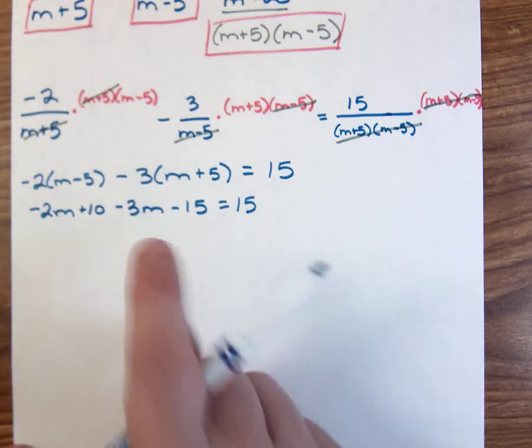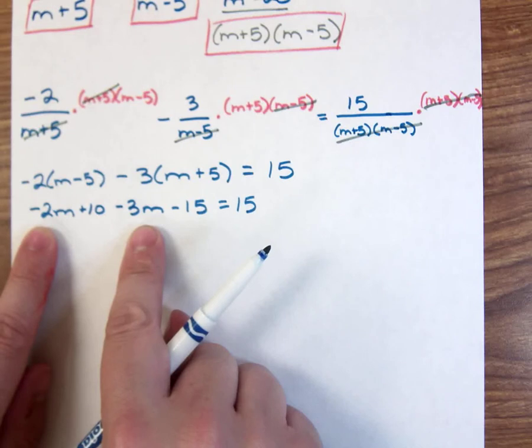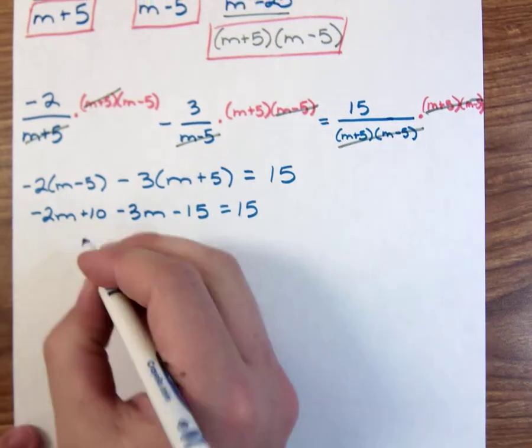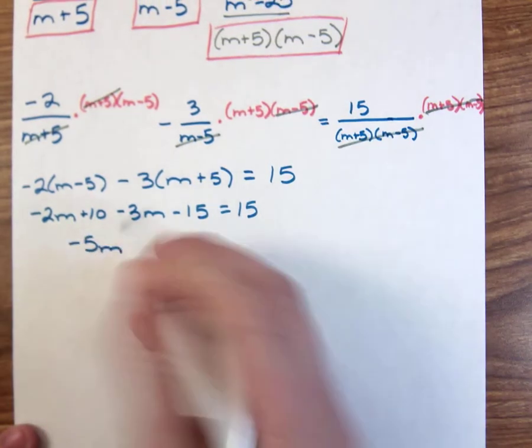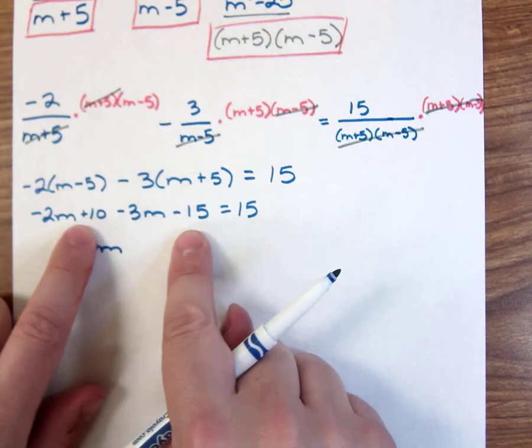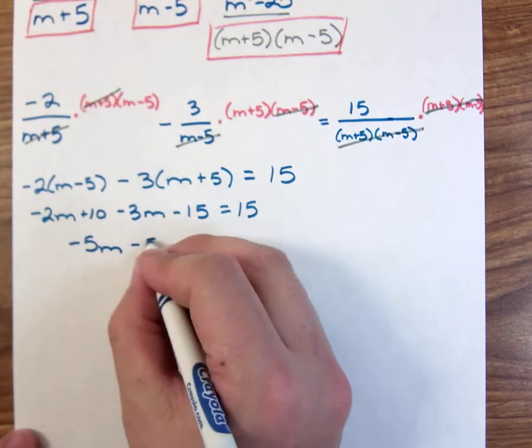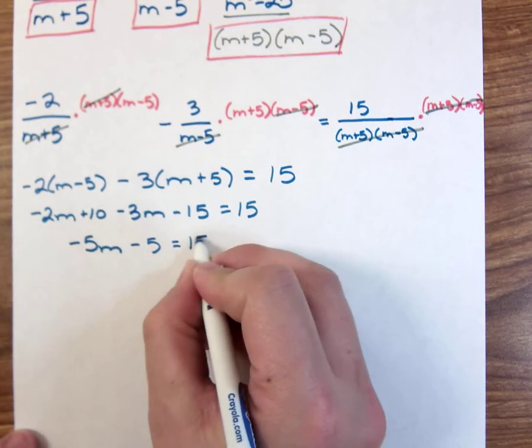Negative 2m minus 3m, I can combine those, which gives me minus 5m. And I have a plus 10 and a minus 15, which gives me minus 5 equals 15.